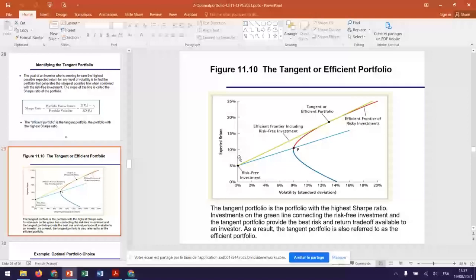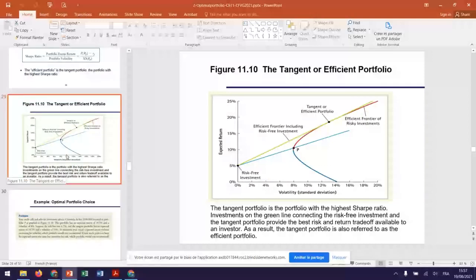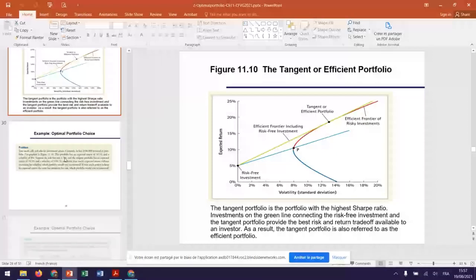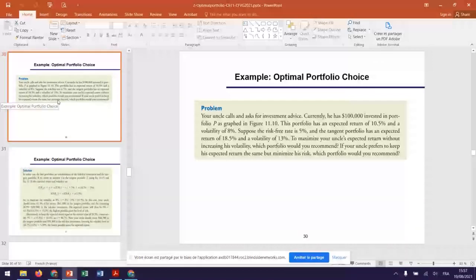Now let's give an example. Before you had Sally, now you have your uncle, who asks for investment advice. Currently, he has $100,000 invested in a portfolio P, which has an expected return of 10.5% and volatility of 8%.